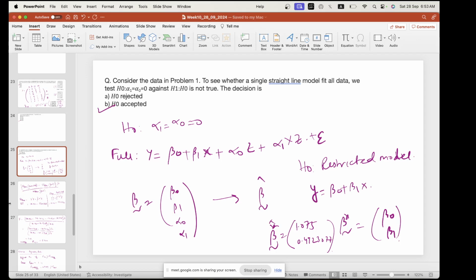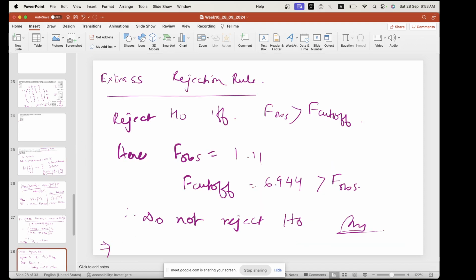What does that mean? It means that a single straight line model can fit all the data.